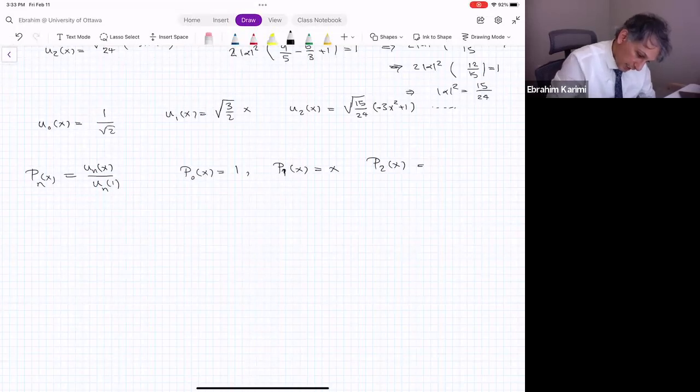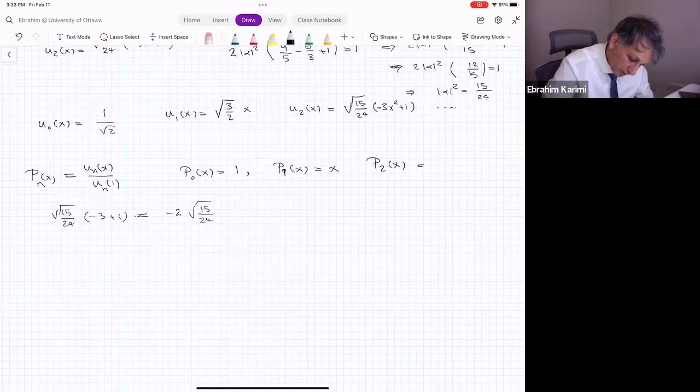let me do that one. So it will be minus 3, multiplied by 1, it will be plus 1. Then the coefficient will be 15 divided by 24. That will be essentially minus 2 square root of 15 divided by 24. So you have to divide this by minus 2.